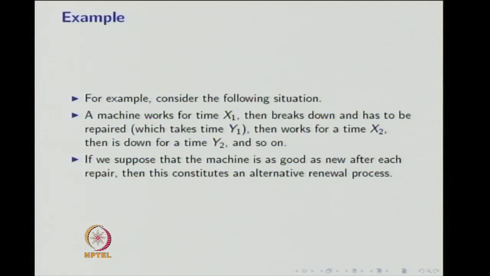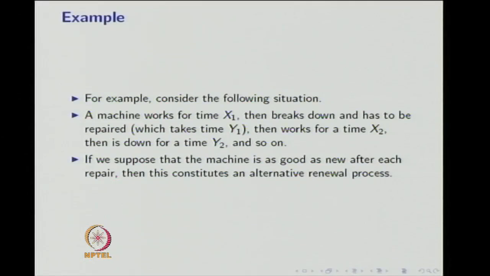A machine works for the time X1 and then breaks down and has to be repaired, which takes a time Y1, then works for the time X2, then it is down for a time Y2, that's the second repair time, and so on.